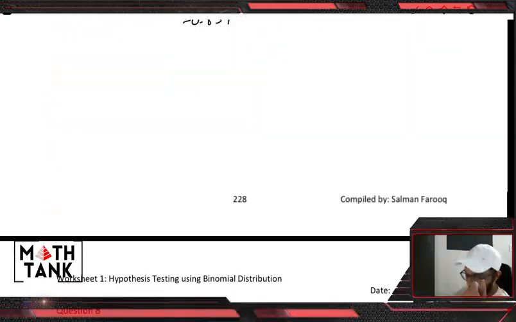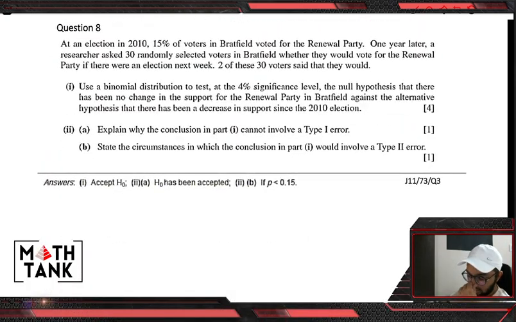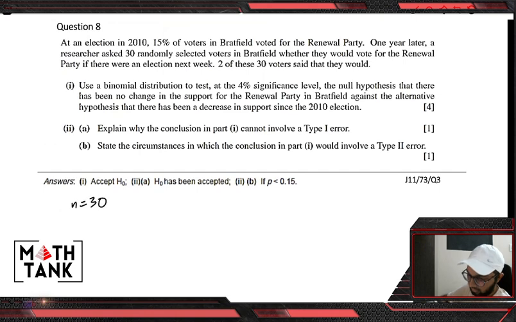Okay, let's do this question. It says, at an election in 2010, 15% of voters in Bradfield voted for the Renewal Party. 1 year later, researchers asked 30 randomly selected voters in Bradfield whether they would vote for the Renewal Party if there were an election next week. 2 of these 30 voters said that they would. So that's the test statistic.